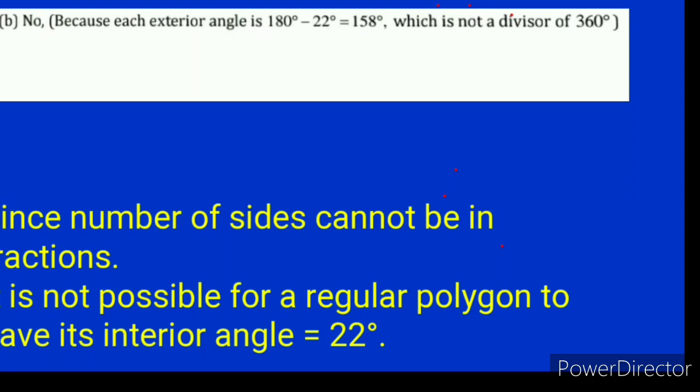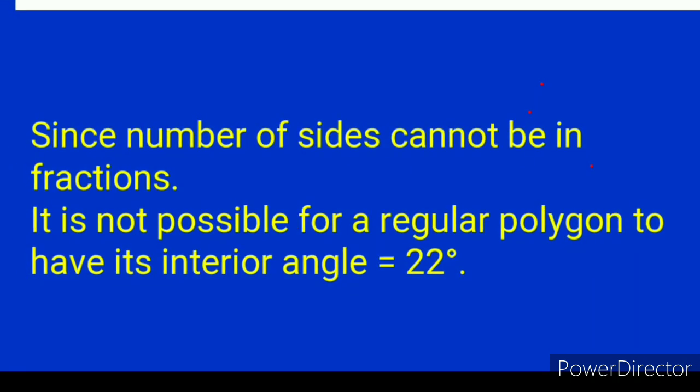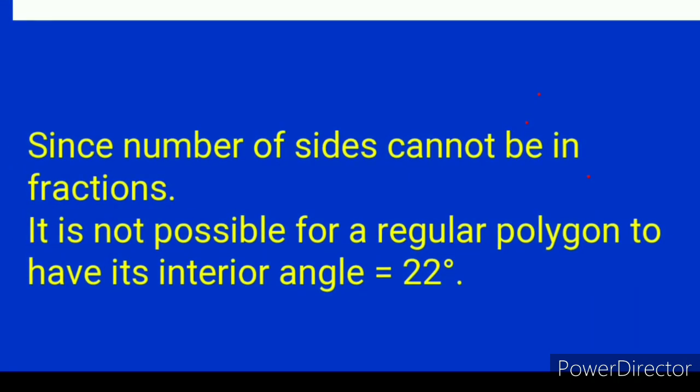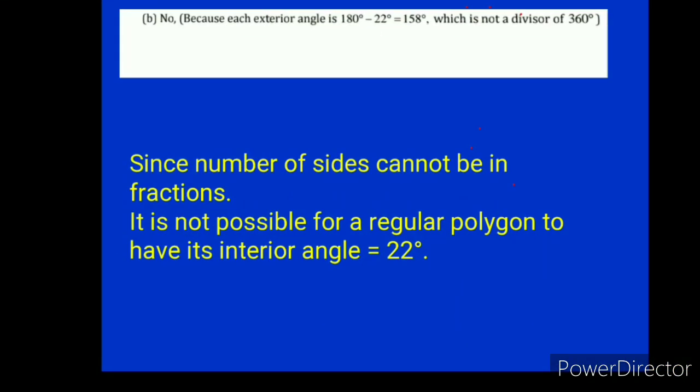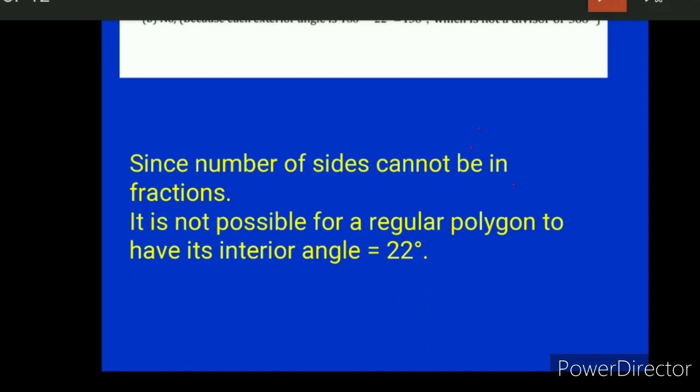We divided 360 by that 158, and then also we are not getting any number of sides. So it is also not possible for a regular polygon to have an interior angle of 22 degrees. Understand? Copy down. Both answers you should copy.